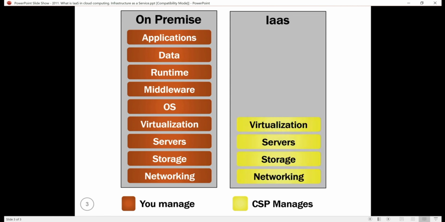The cloud service provider provides the infrastructure over an internet connection or through a virtual private network. We'll discuss what a virtual private network is in our upcoming videos. For now, you can think of it as a dedicated and secure private tunnel between you, that is your organization, and the cloud service provider.